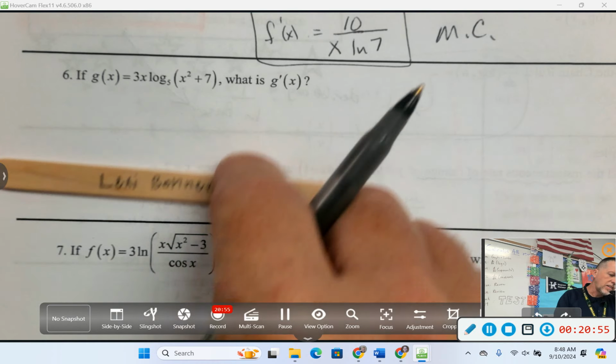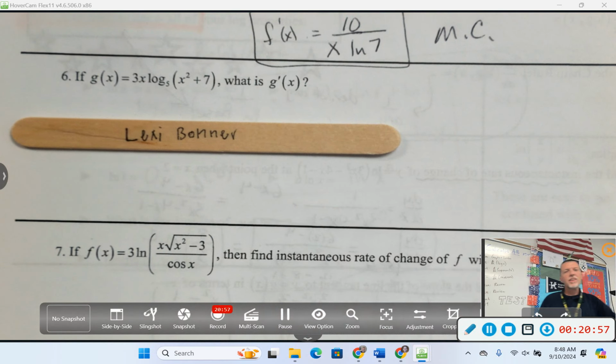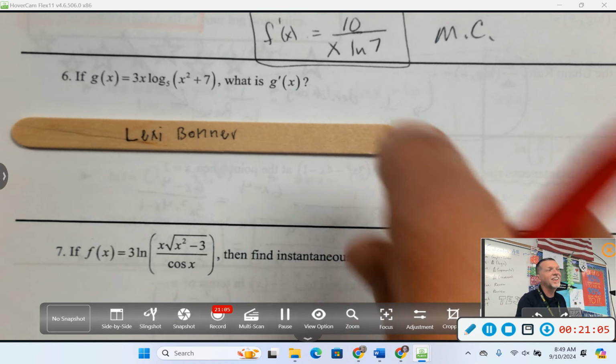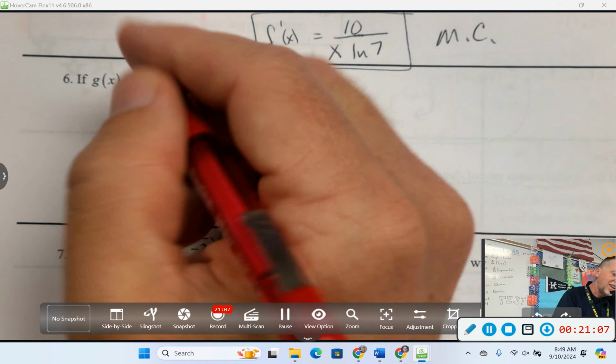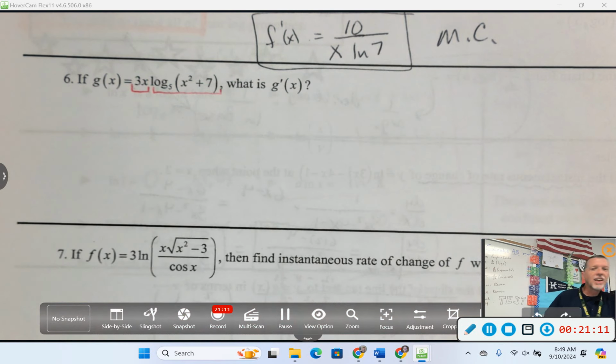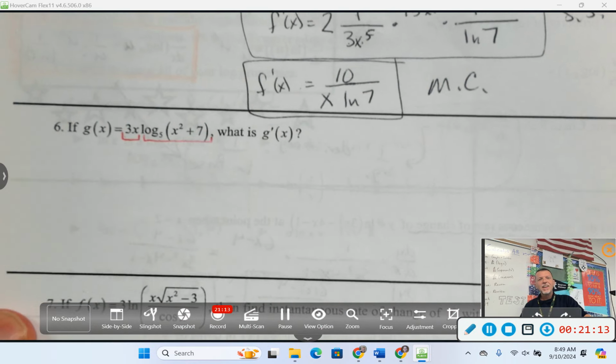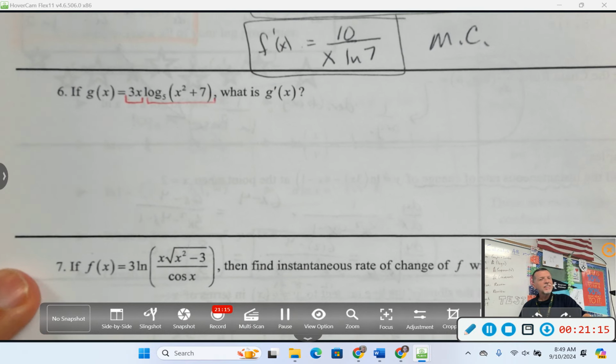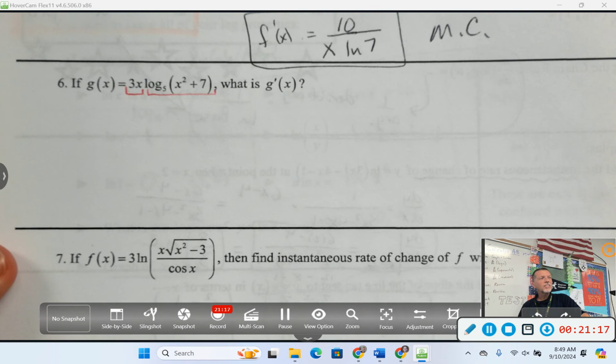Oof, number 6. Lexi, big picture. What rule do I need for number 6? Yes, I will need that one. But I think even before I get started into the details, what's quotient mean?